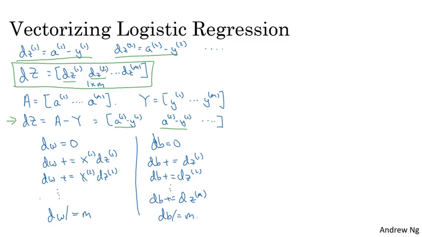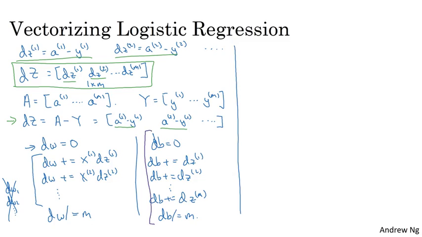We'd already gotten rid of one for loop, so at least now dw is a vector, and we weren't separately updating dw1, dw2, and so on. But we still had a for loop over the m examples in the training set. So let's take these operations and vectorize them. Here's what we can do. For the vectorized implementation of db, what it's doing is basically summing up all of these dz's and then dividing by m.